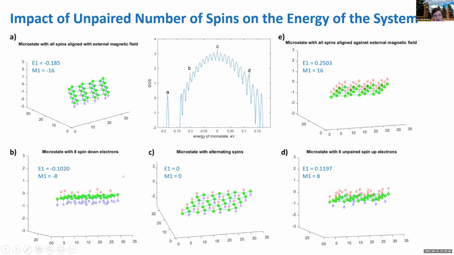As we increase the number of unpaired electrons, because that's what M1 represents, we increase the energy. When we have them half and half, so no unpaired, we end up right in the middle. And once we have 8 extra unpaired electrons going against the magnetic field, as expected, that is about halfway up. And as I said, this one is no longer presented on the graph.